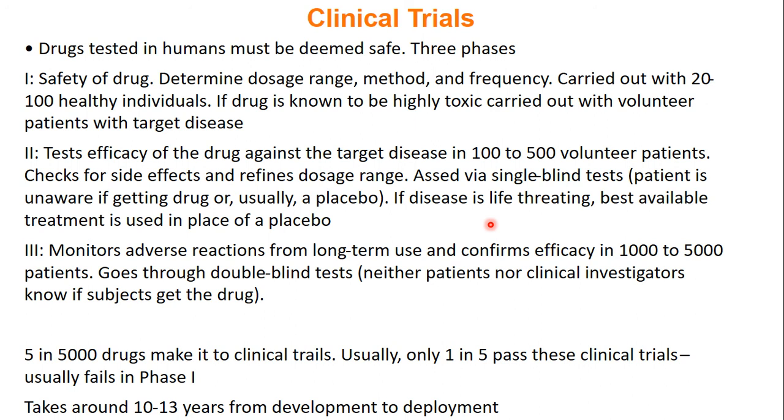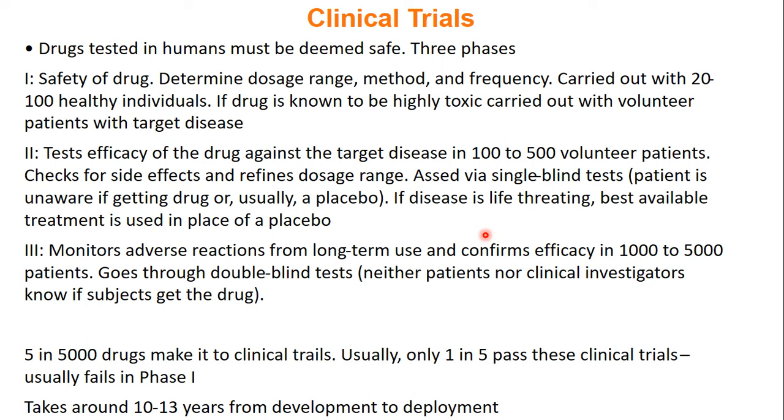You're looking for side effects and further refinement of the dosage. And usually you do a single-blind test. Generally, the patient doesn't know if they're getting the actual drug or a placebo. However, if the disease is life-threatening, it's unethical to give a person a placebo. So instead of a placebo, you'll use the best available treatment to see if your drug works better.